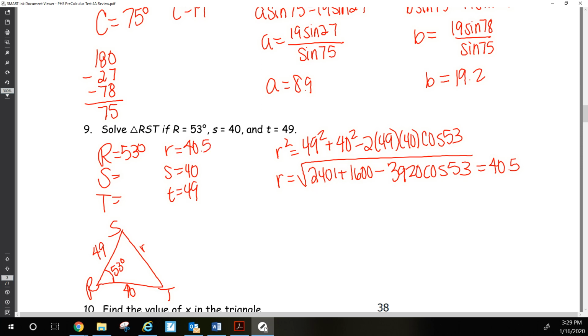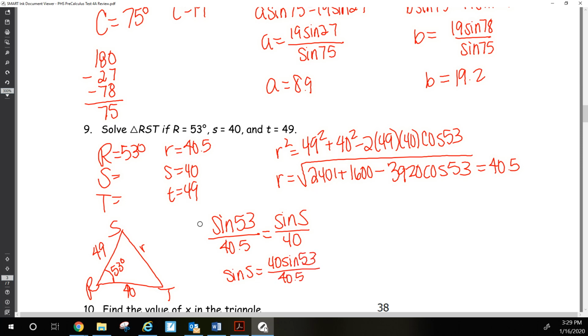Now I've got a corresponding angle and its side length, so now we can revert over to law of sines. So sine 53 over 40.5 is equal to sine s over 40. So sine s would be 40 sine 53 over 40.5.